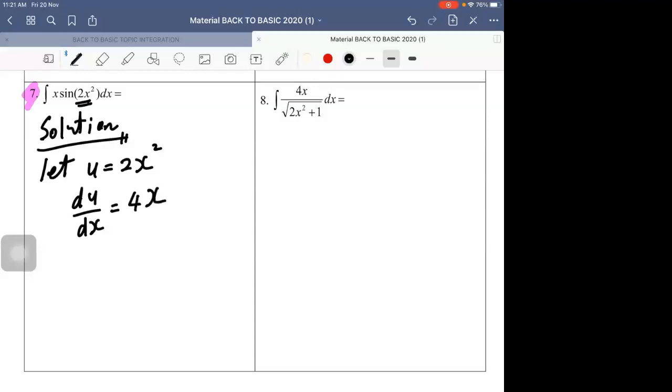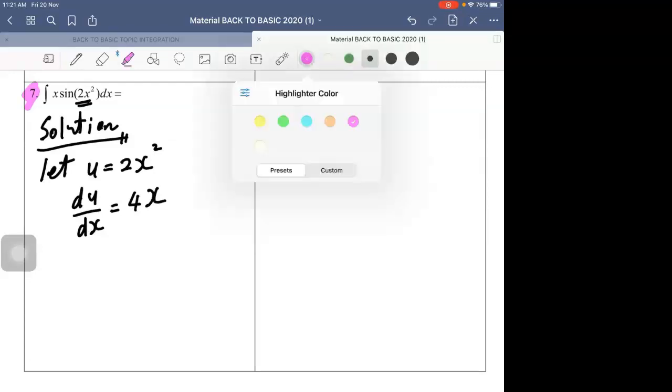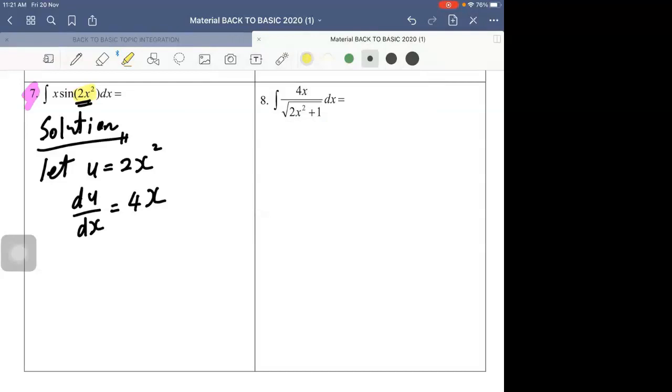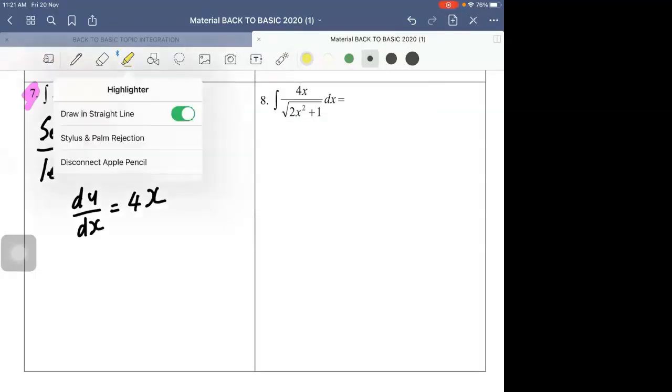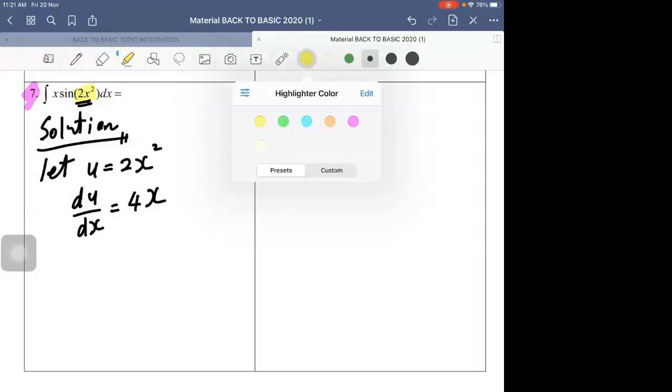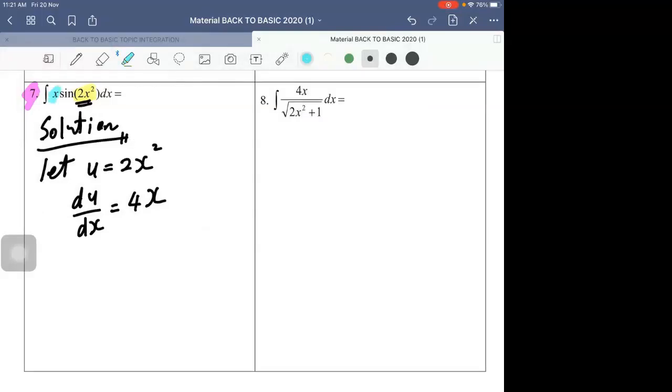Means that by letting this equal to u, we can have another term represented as u. So if I rewrite here, I can have du over 4 equal to x dx.